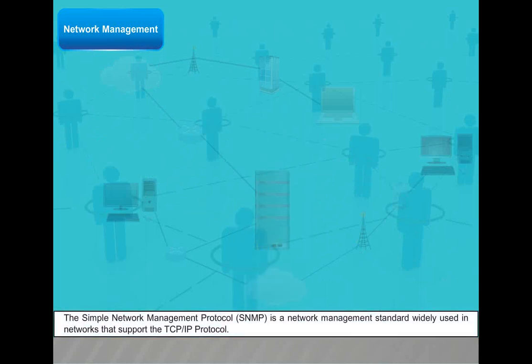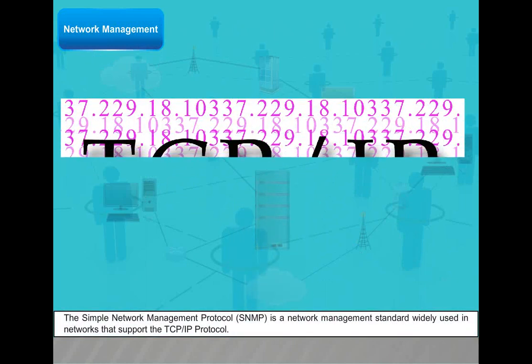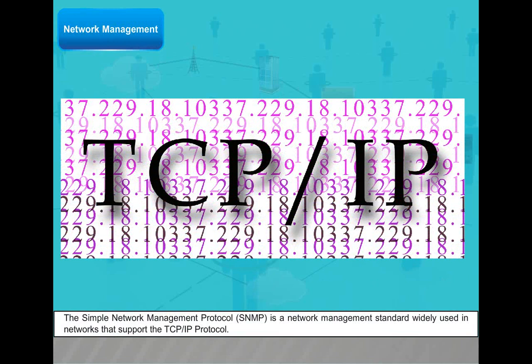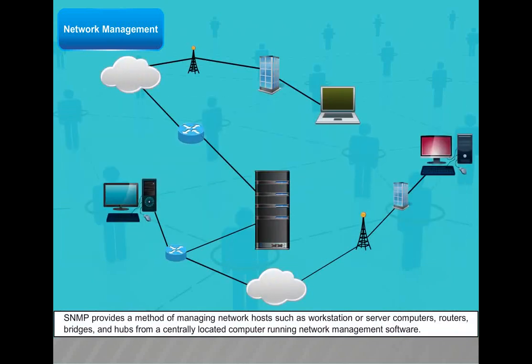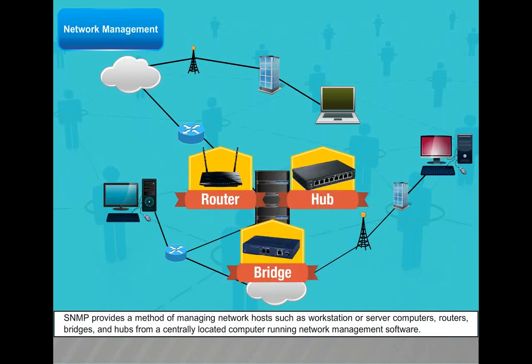The Simple Network Management Protocol, that is SNMP, is a network management standard widely used in networks that support the TCP/IP protocol. SNMP provides a method of managing network hosts such as workstation or server computers, routers, bridges, and hubs from a centrally located computer running network management software.